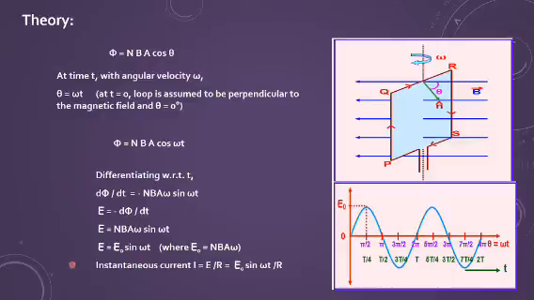If you want to draw for current, you can always draw it for current also. Then of course the magnitude will be a little less, but the shape of the graph will be the same. So you can get the graph like this.